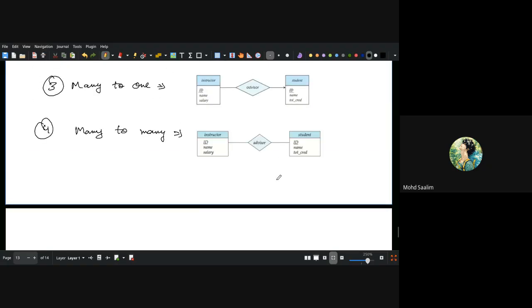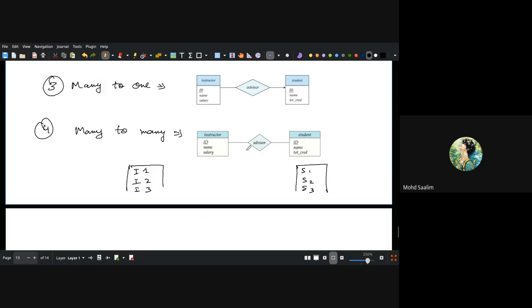But I want you to think about a very important thing about relationship. Let's say in my database, there are three instructors: instructor 1, instructor 2, and instructor 3. And in my student table or entity set, I have three students, S1, S2, S3, and that's it.